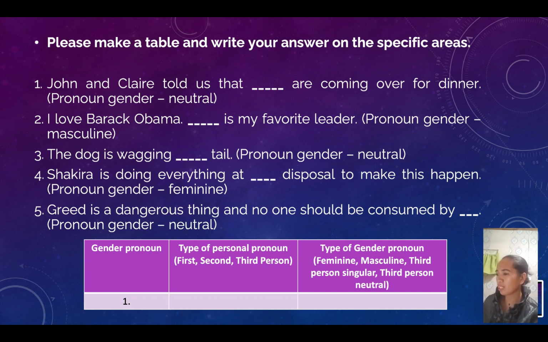The dog is wagging blank tail. Number 4. Shakira is doing everything at blank disposal to make this happen. Number 5. Greed is a dangerous thing and no one should be consumed by blank.